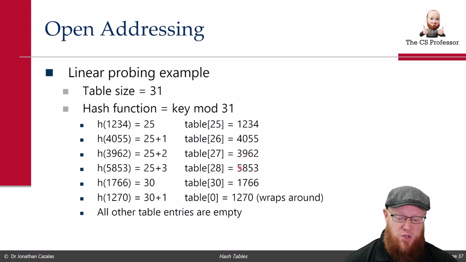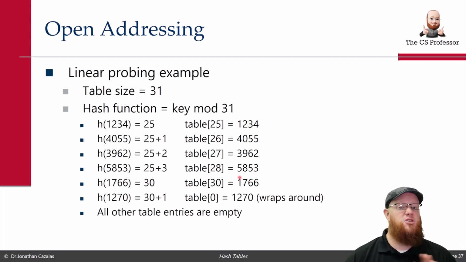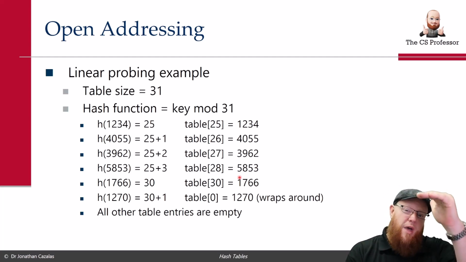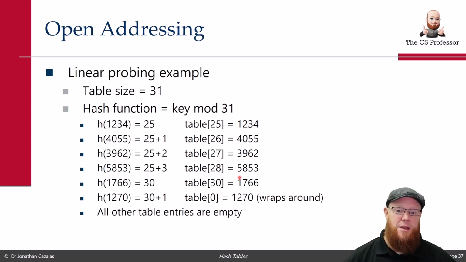Index 28, do you have something in your index? Yes, we do. Are you 5555? No. Index 29, do you have something at your index? 29 says, nope, I don't have anything. So we stop our search, because if 5555 was in the array, it would have been at index 29. Since 29 is empty, we know the probing sequence had completed.